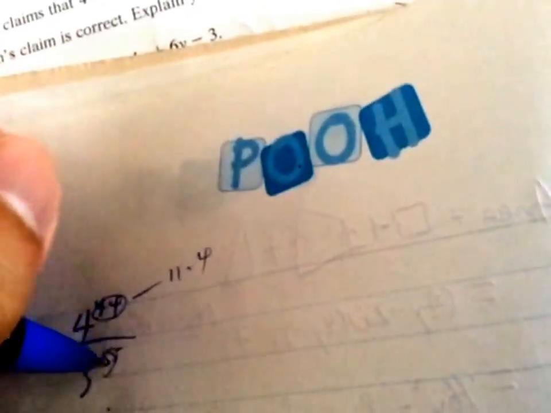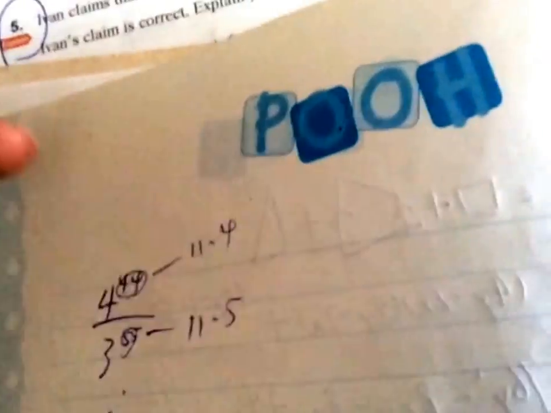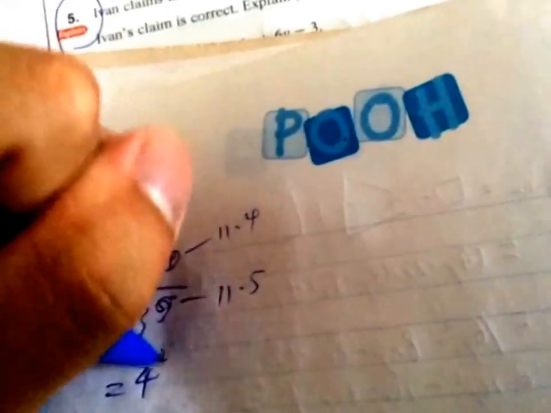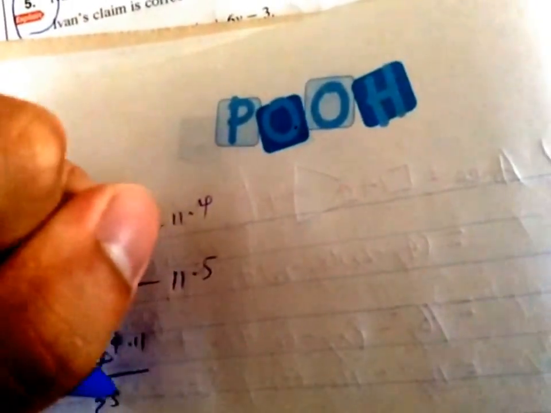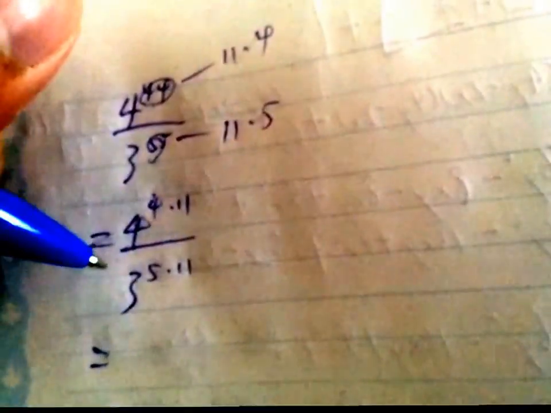This is 4 to the power 4, and this is 3 to the power 5. Okay, so these are hints. If you don't want to see one more step, please pause it. Otherwise, I will show again.